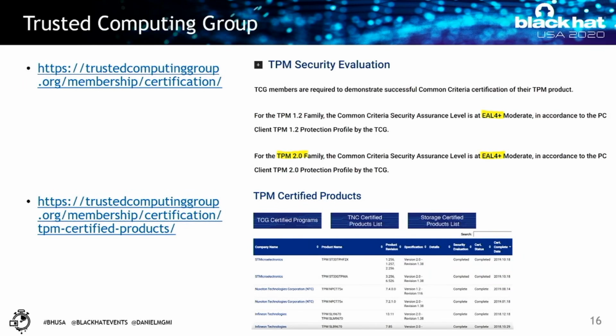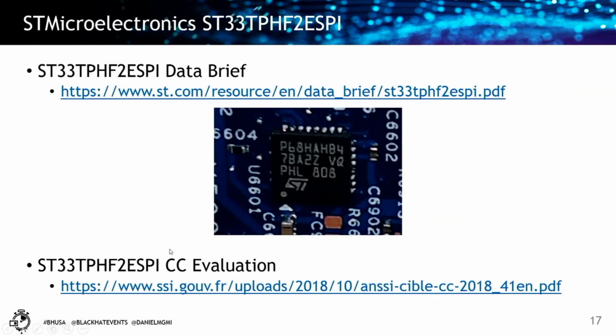And if you go on the TCG website, you can also find a list of devices that have proper certificates. For instance, in this picture, we see some devices from ST Microelectronics, Nuvoton, or Infineon that are listed here. One thing we looked at is a picture of ST Microelectronics that I took from the laptop that I'm using today for this presentation.